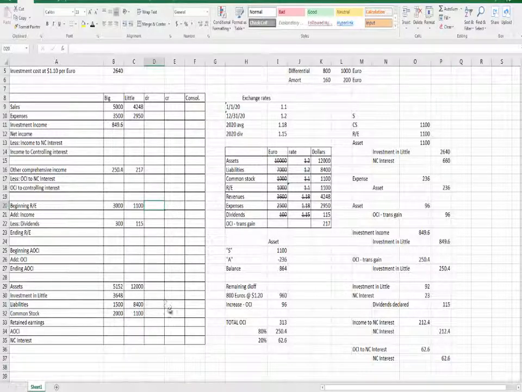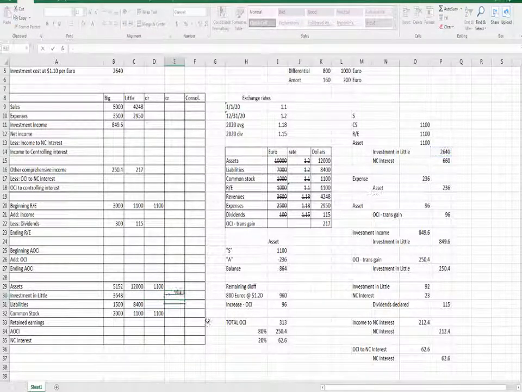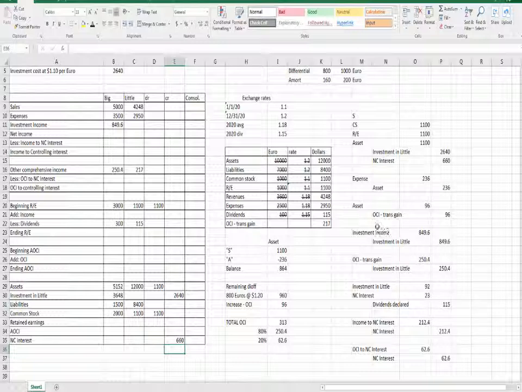So let's go ahead and post this. Debit to common stock. A debit to beginning retained earnings, a debit to my assets for that differential, a credit to the investment in little, a credit to the non-controlling interest.